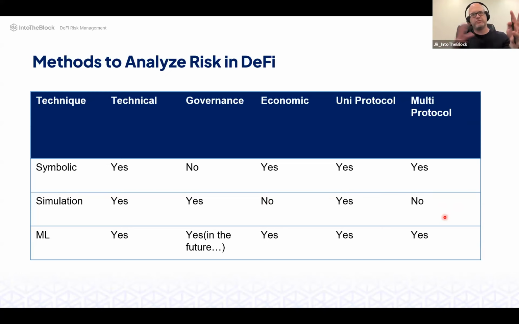It's just hard to combine different protocols, run simulations, and make sense of it. And machine learning, yes, applies to technical. We think in the future it might apply to governance, certainly not today. Governance is paper, right? Economic risk, for sure, you can run transactions and classify them as risky or not.